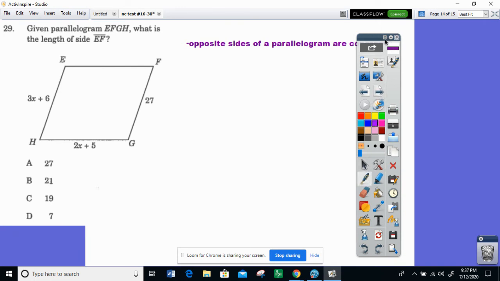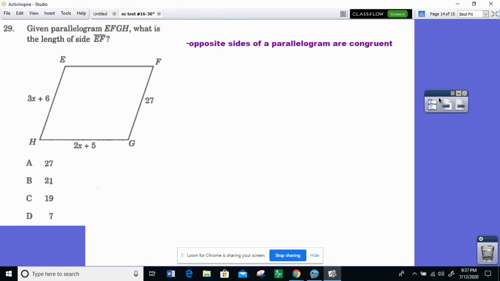Number 29 says, given parallelogram EFGH, what is the length of side EF? What do we know about a parallelogram that could help us in this problem? Well, we know that opposite sides of a parallelogram are congruent. So we know that side EH is congruent to side GF.